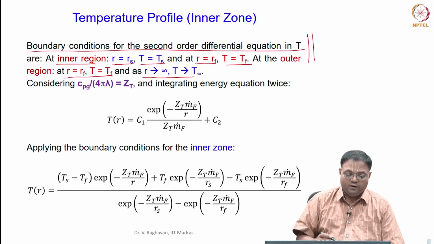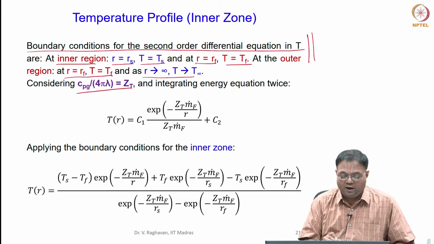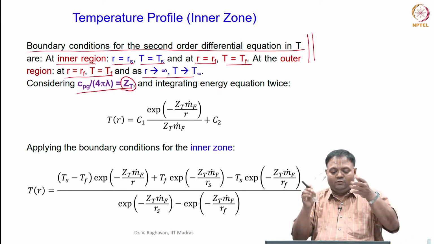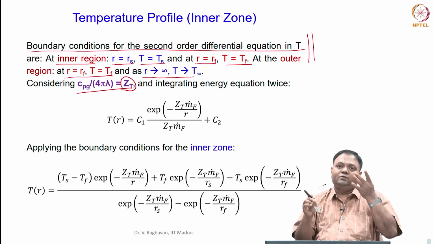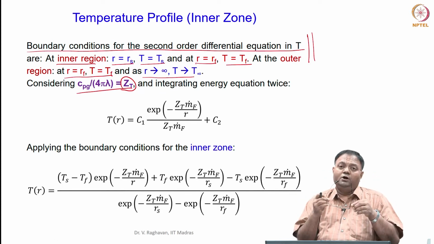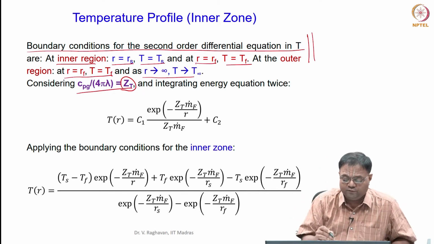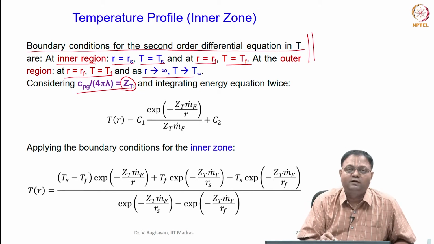Okay. Now let us define the properties Cp by 4 pi lambda as Zt. Here we have taken the coefficients, the properties clubbed together, as a constant Zt.